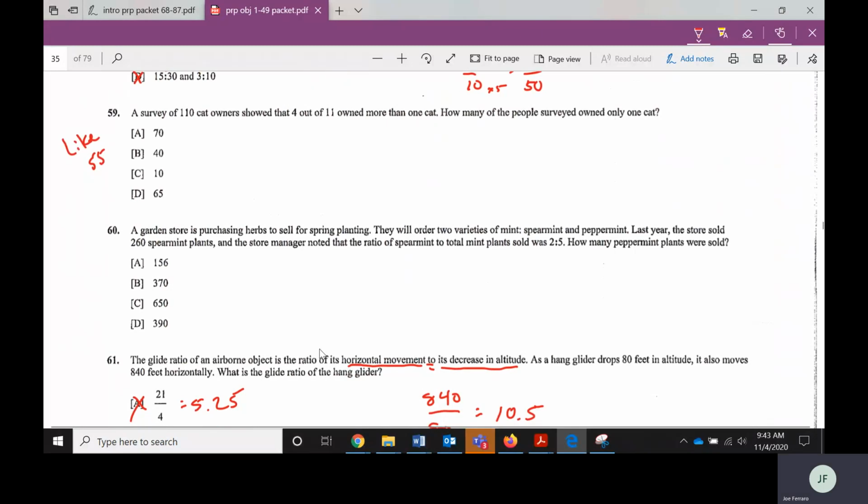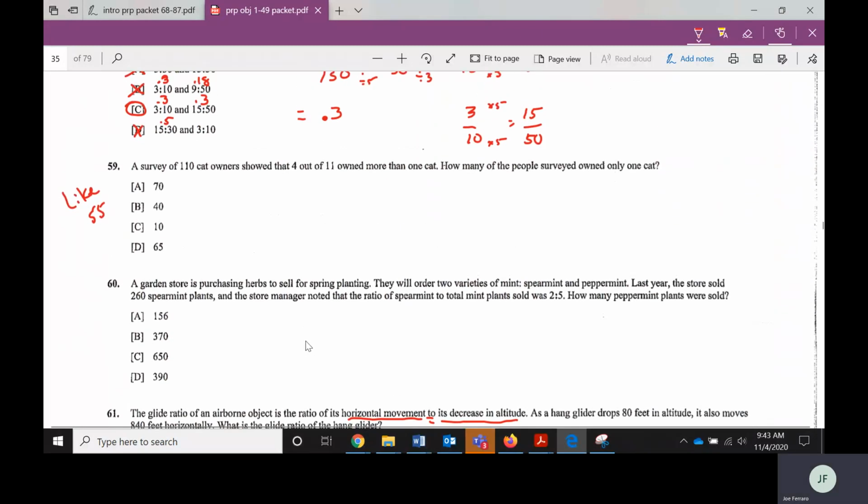So it says a garden store is purchasing herbs to sell for spring planting. They will order 2 varieties of mint, spearmint and peppermint. Last year, the store sold 260 spearmint plants, and the store manager noted that the ratio of spearmint to total was 2 to 5. So that's important.